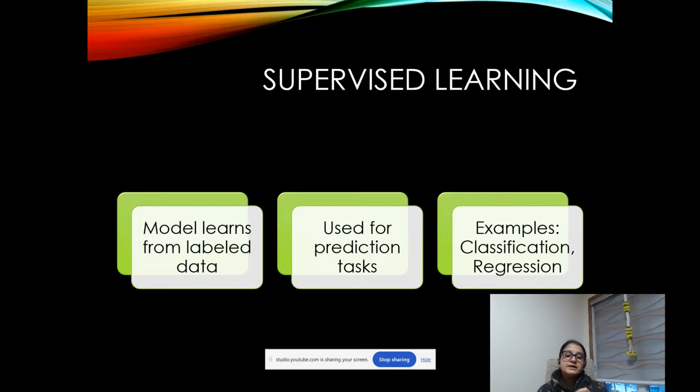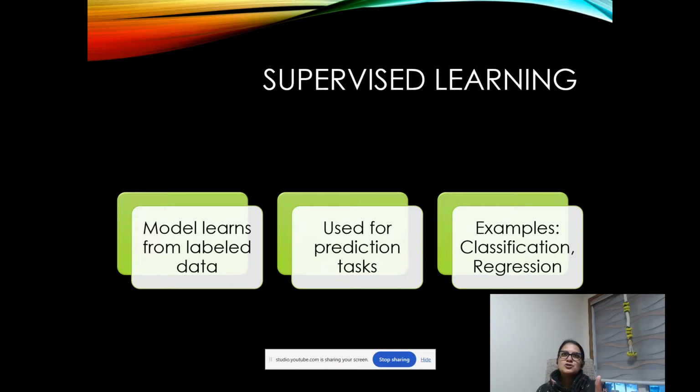So you are doing everything under my supervision, then I am going to take your exam. I give you the question and then you write the answer. So you are doing everything under my supervision. Just suppose you are a machine and I am the instructor giving the data to you.